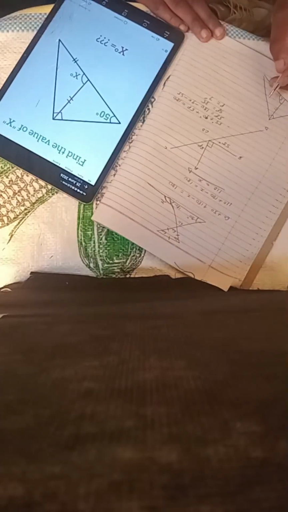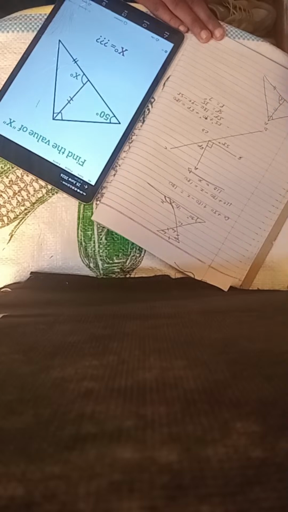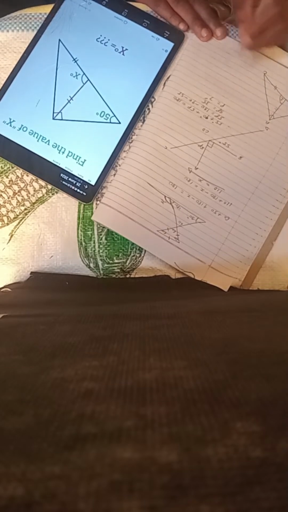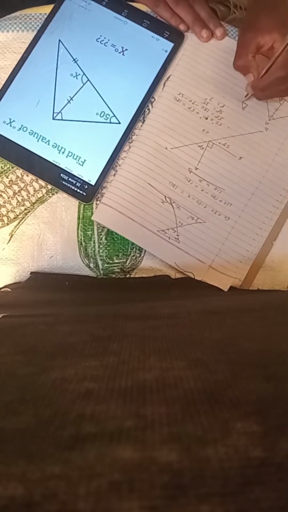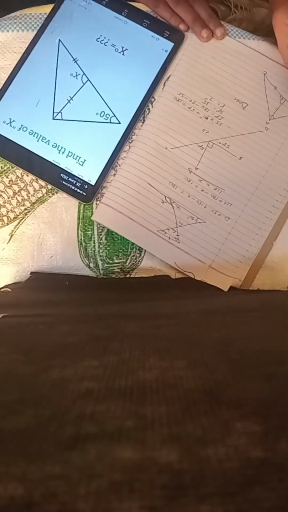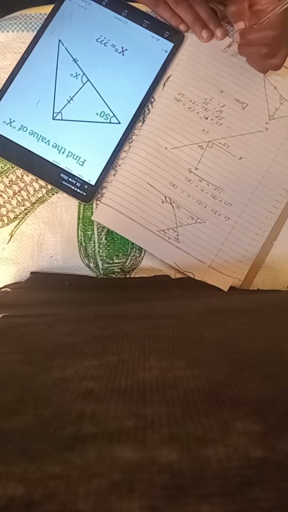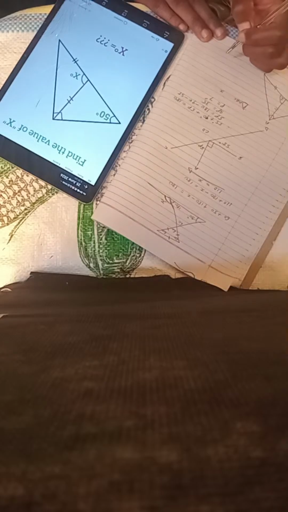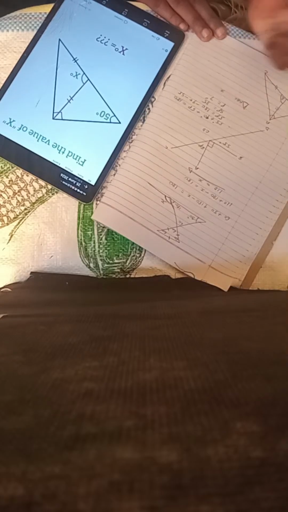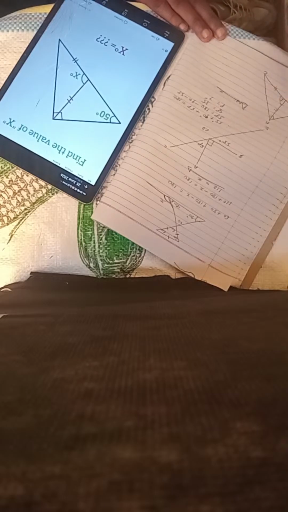Therefore this diagram here, let's just say A, B, and C. Then triangle ABC is going to give us x.